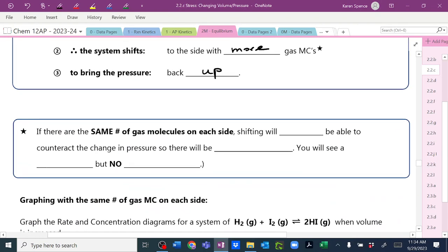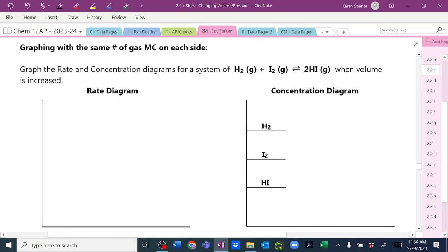And if there is the same number of gas molecules on each side, shifting will not be able to counteract the change in pressure, so there will be no shift. You will see a spike, but no shift.